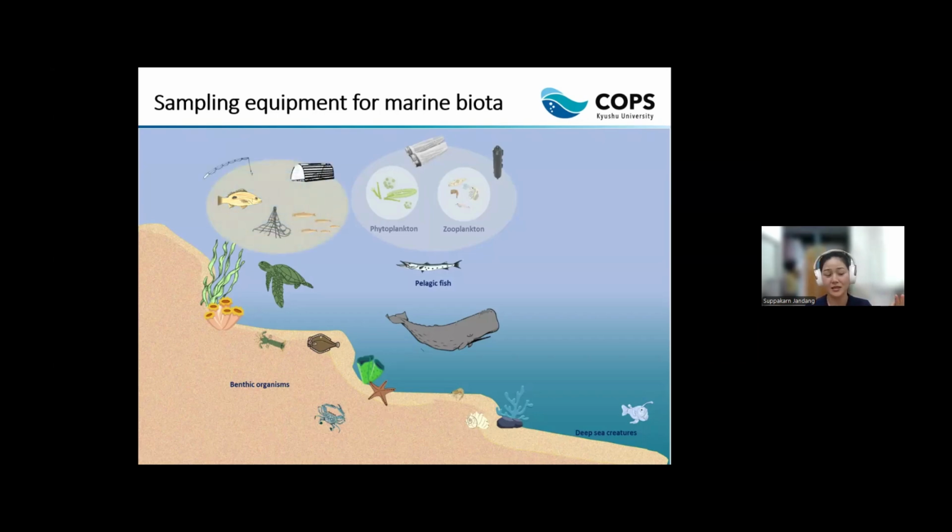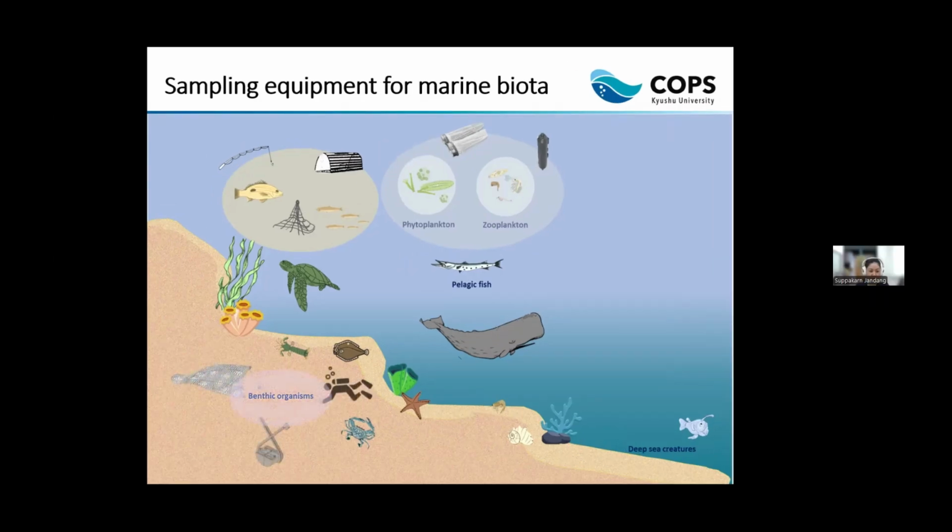Next, the nekton. Nekton are organisms that can swim by themselves. For example, fish can be caught with a fish trap, a fish net, or even by your hand if you can, but I think that's a little bit difficult. Then how about the benthic organisms?